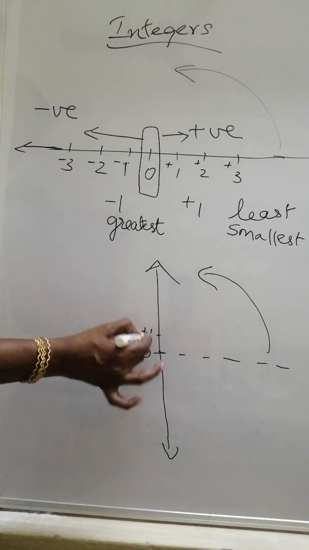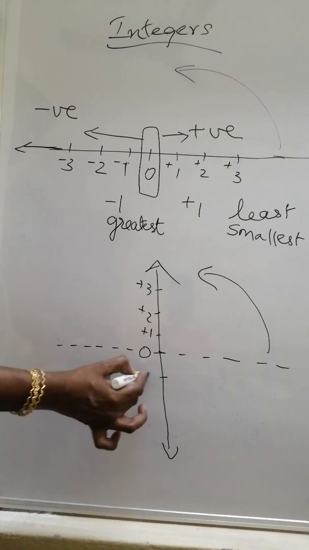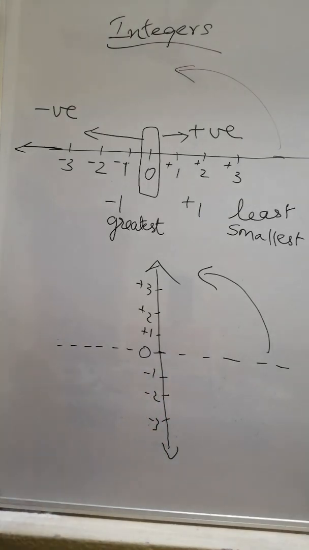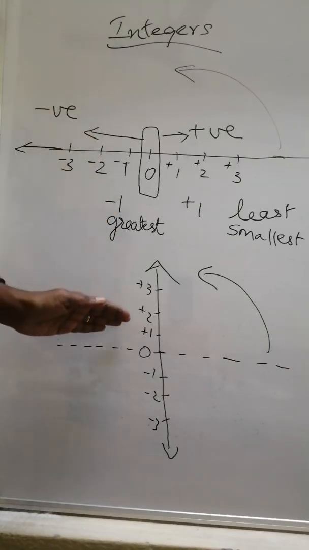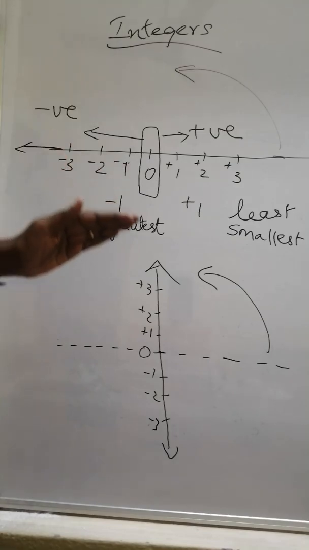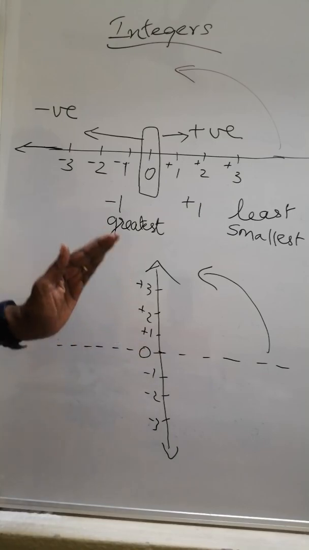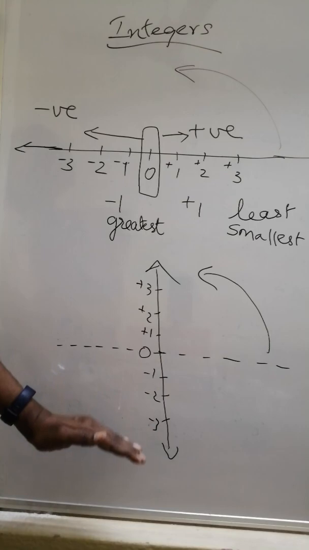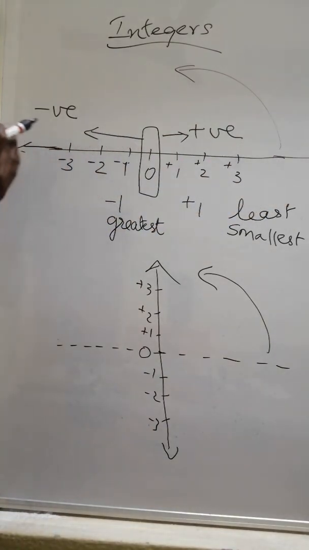That is positive 1, positive 2, positive 3. Here negative 1, negative 2, negative 3. So when we go up, when we rise, denotes positive. When we go down, this denotes negative. So up denotes positive, down denotes negative. Right denotes positive, left denotes negative.